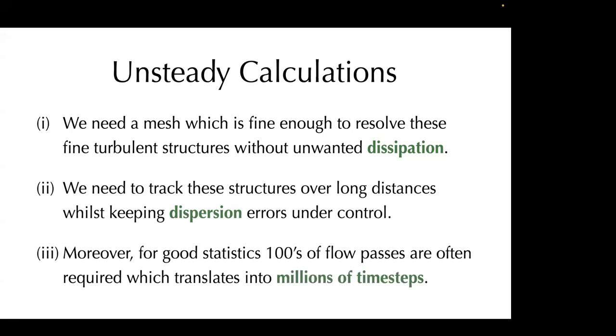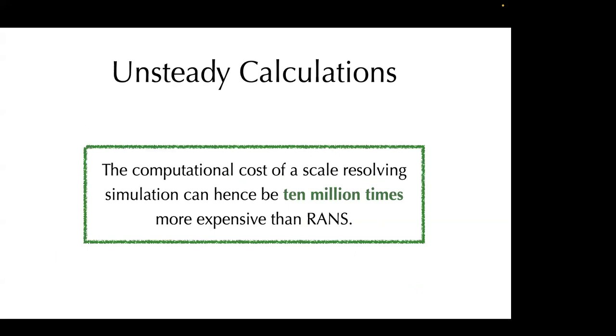In addition, given these simulations are unsteady, what we're fundamentally interested in are turbulent statistics, and collecting these turbulent statistics and getting them to converge often requires hundreds of flow passes over our body or our domain, and that typically translates into millions of explicit time steps.